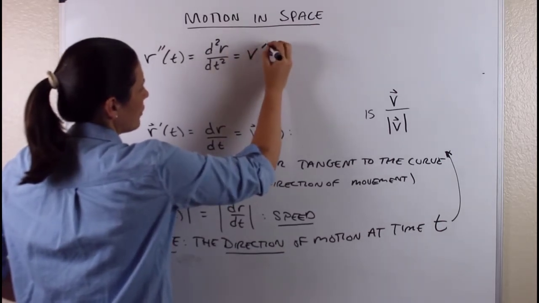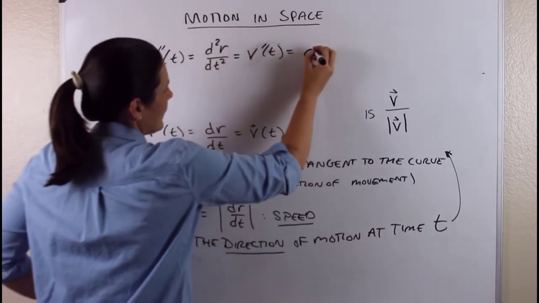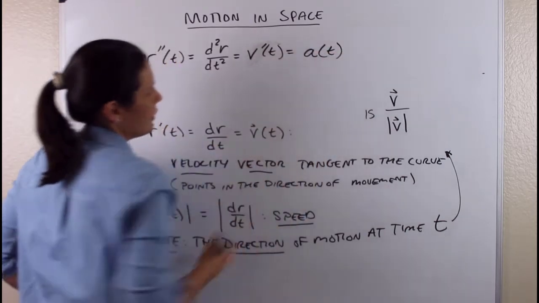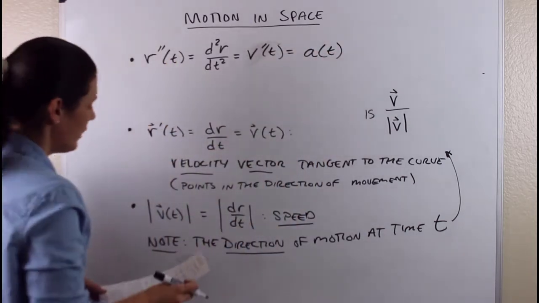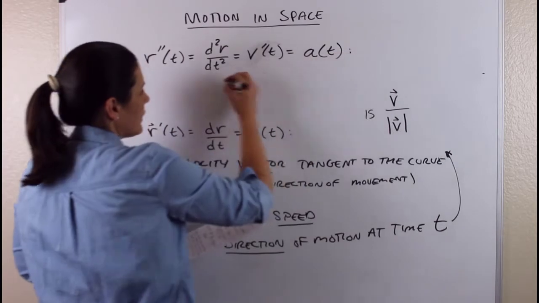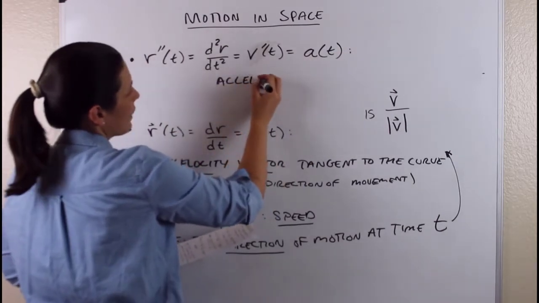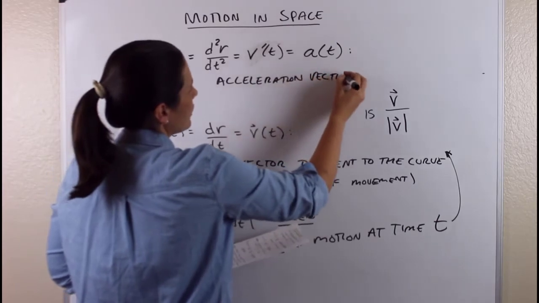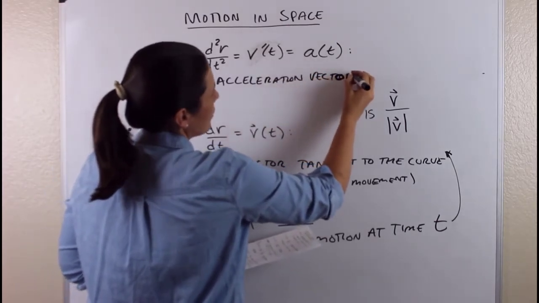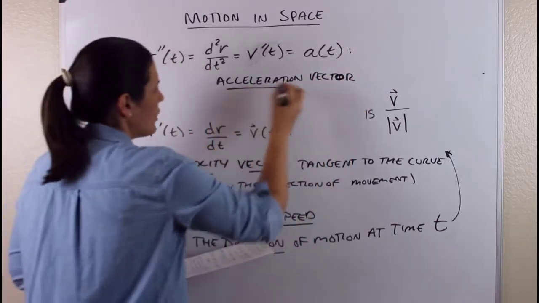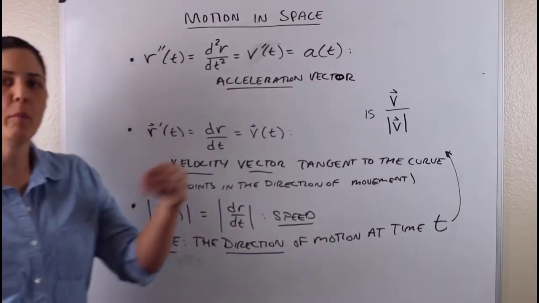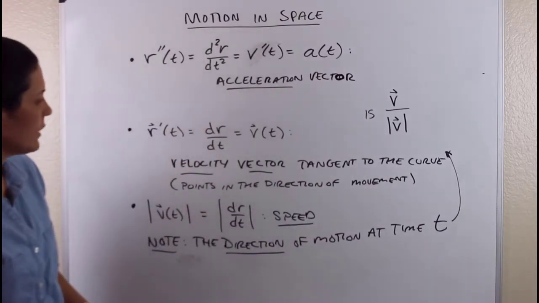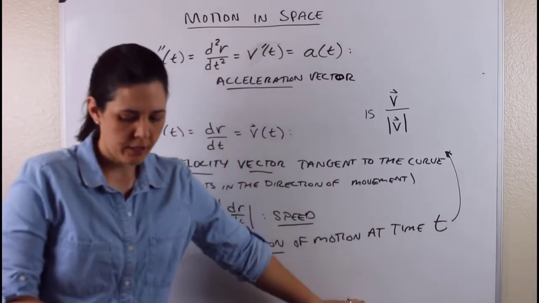I don't want to make it look too crazy. That is acceleration. Okay, so a for acceleration. So this is the acceleration vector. So the second derivative of the position is how much your vector is accelerating at that point when you plug in t into the second derivative.